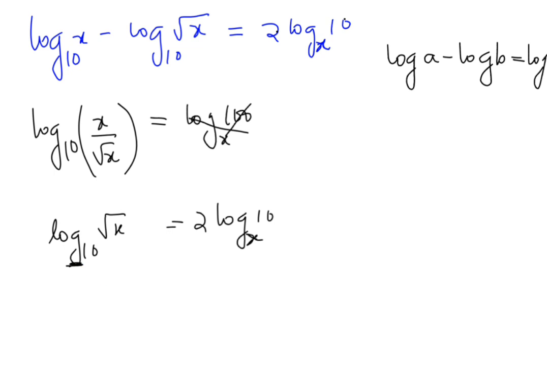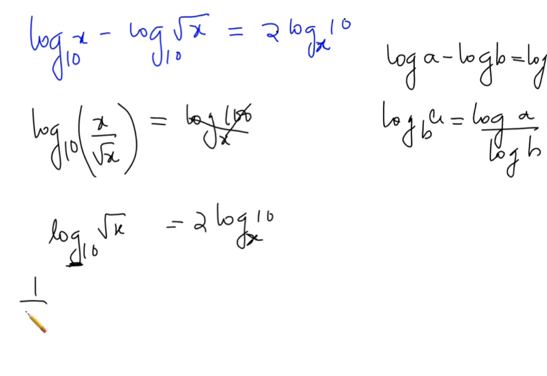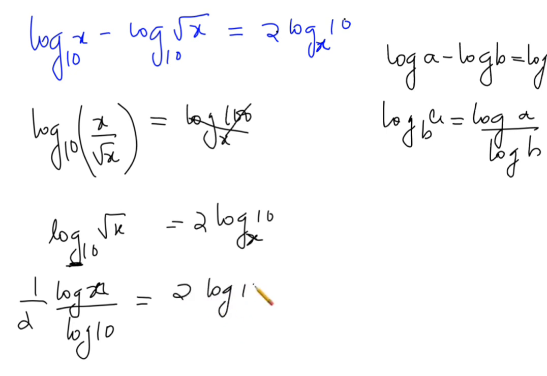So let's remember that we had log of a to the base b can be written as log of a upon log of b. Okay, so what happens in this case is, instead of root x, I will take the index out. So I will have 1 upon 2 log of x upon log of 10 equals to 2 log of 10 upon log of x.